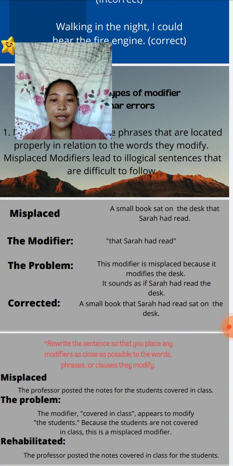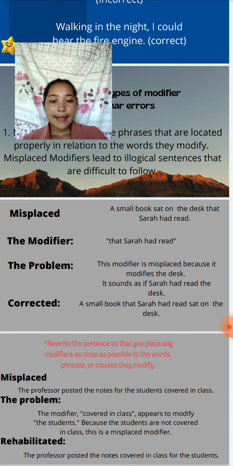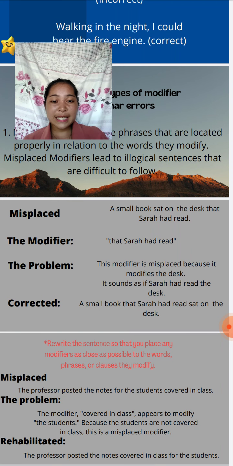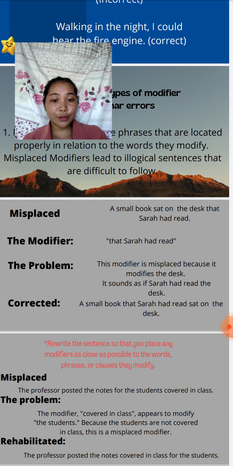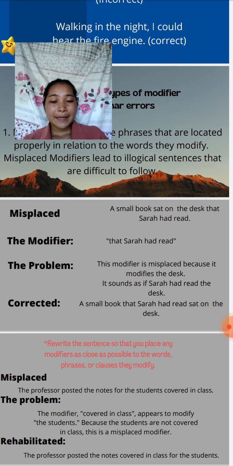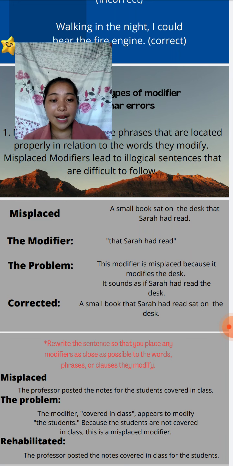So the modifier in that sentence is that Sarah had read. The problem is this modifier is misplaced because it modifies the desk. It sounds as if Sarah had read the desk. So the corrected sentence is a small book that Sarah had read sat on the desk.